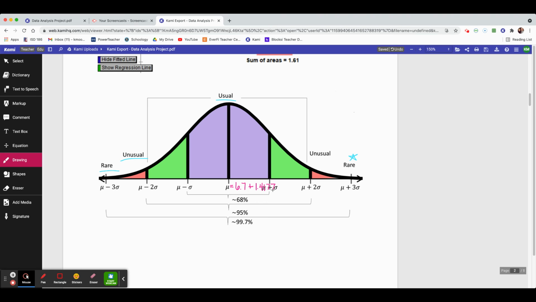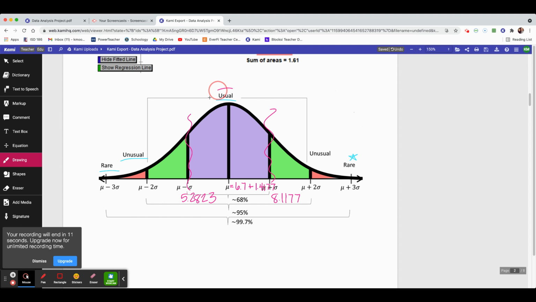So 6.7 plus 1.4177 would give me 8.1177. And then I would also subtract that. So all the grades that fall between 5.2 and 8 are considered usual in that data. And we would go out to unusual and we would go out to rare is what we would do.